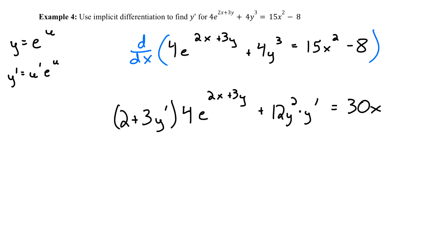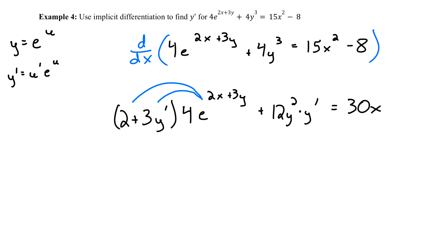Now, there's a lot here. It's kind of messy. Now we want to isolate y prime, which means we want to keep the terms that have a y prime on one side of the equation. Everything else we want to move over to the other side. In this case, we are going to have to distribute this 4e to the 2x plus 3y power to both terms here.